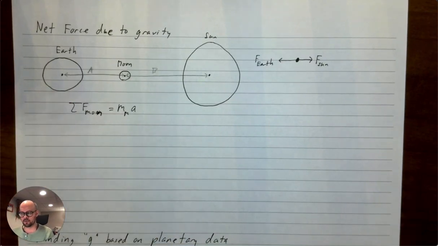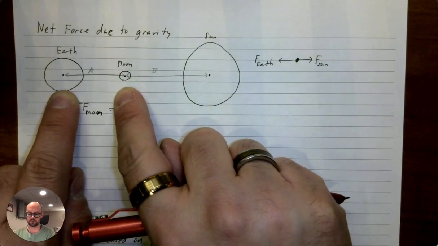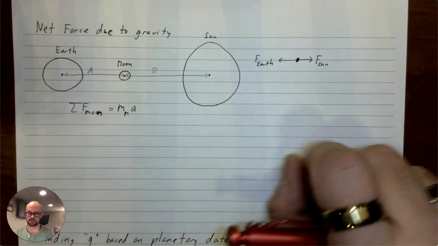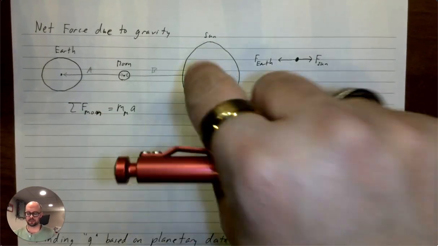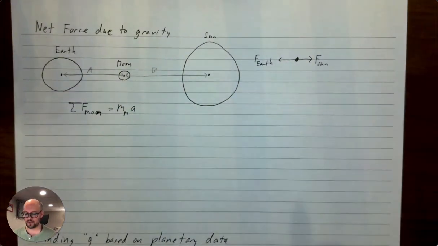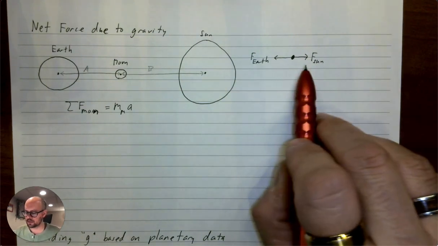Remember that gravity is also subject to Newton's third law. So the Earth and the moon pull on one another with equal forces. And then also the sun and the moon pull on one another with equal forces. But the sun is pulling with a different force than the Earth on the moon. So that's where the net force comes into play. So this is our free body diagram.